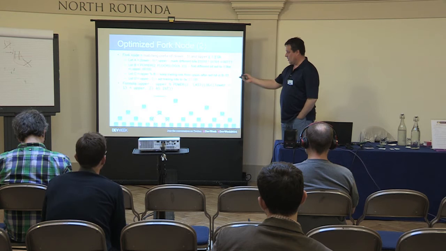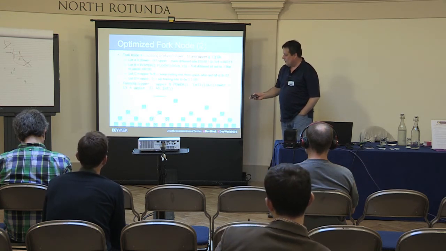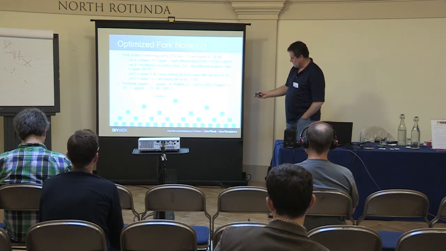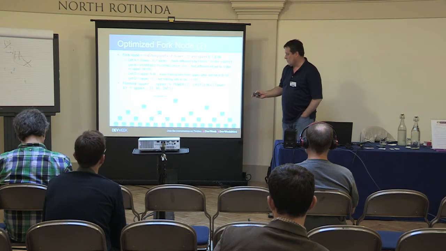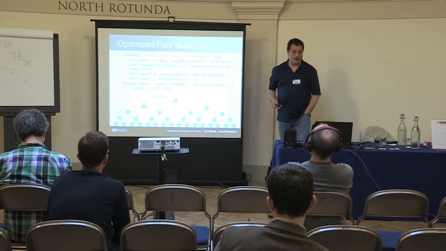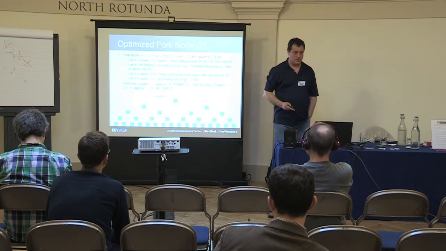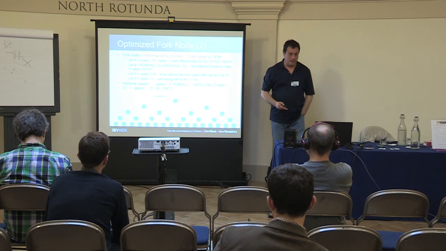So this is the calculation, and as I said, this is what is translated to Transact SQL. This is the expression that actually calculates the fork node for every single interval using this idea. So now suddenly everything is doable.